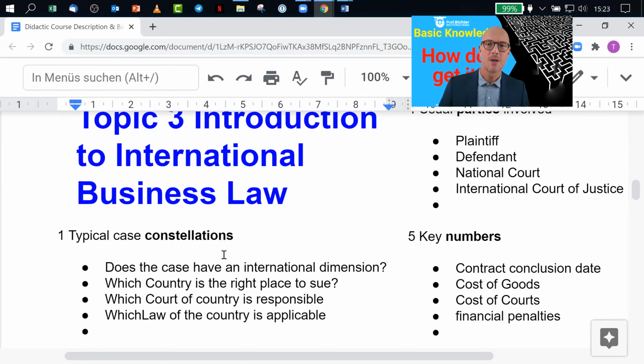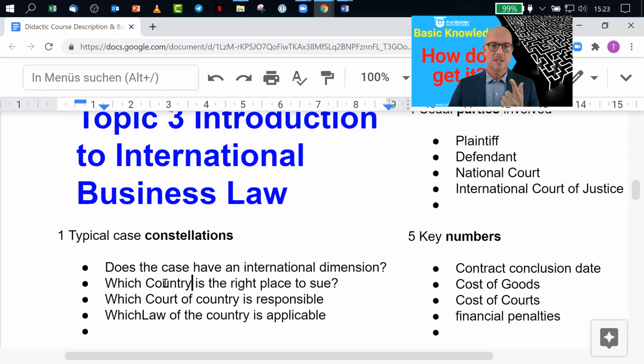That means first you must find out the most typical constellations. One of the first things you always have to ask, if you have a case, is: does the case have any international dimension? Is there any relation to foreign countries, or is it between two independent countries, between Germany and United States?